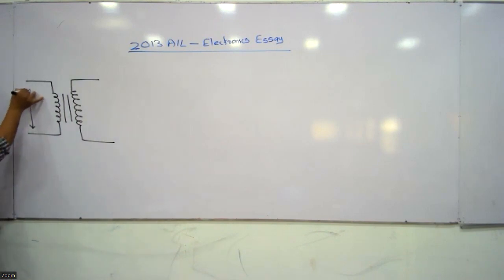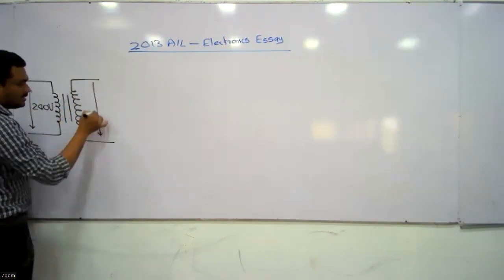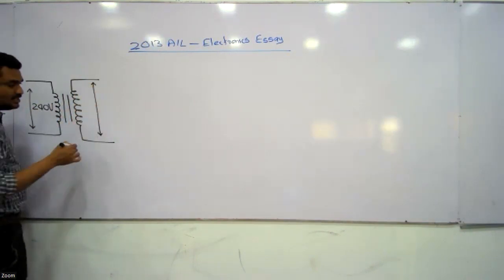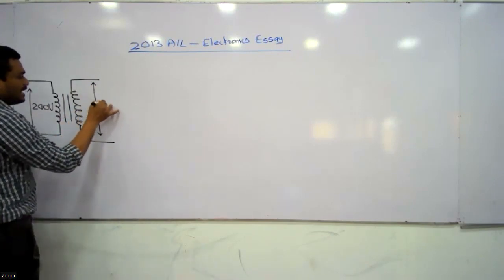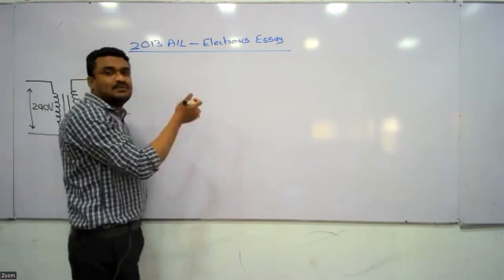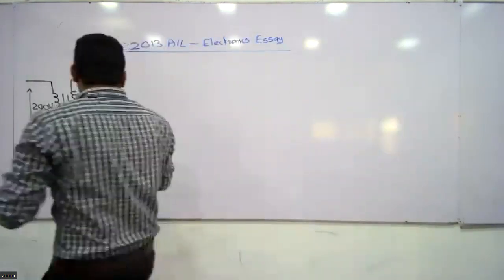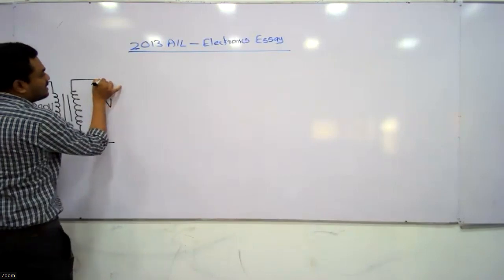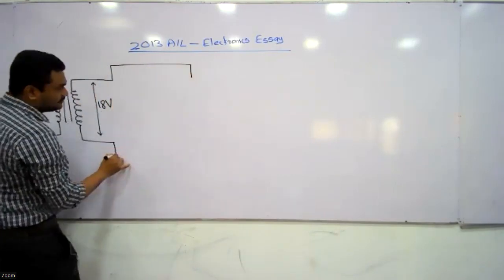We give a voltage of 240 volt. The transformer reduces this voltage to 18 volts. So we should identify that 240 is the maximum supply voltage, 18 volt is the maximum output voltage of the transformer. Now, these two wires are connected to a bridge rectifier.